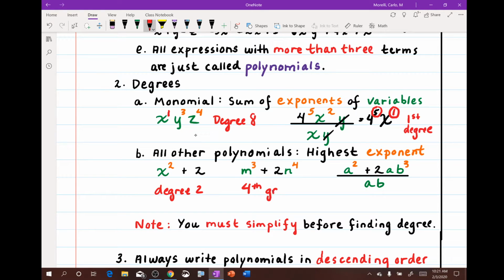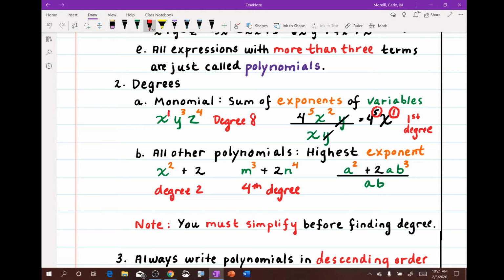Because when it's a polynomial, that's the highest degree. So when it's a monomial, you actually do count them up. When it's a polynomial, you just look for the highest exponent, and that's your answer.